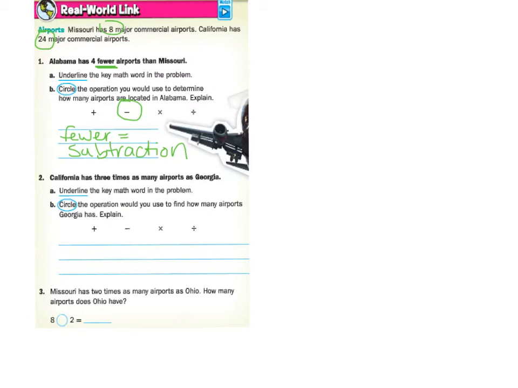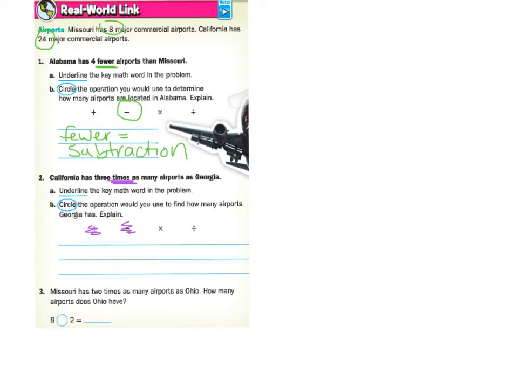Number 2, this question says that California has 3 times as many airports as Georgia. So the key word to underline here for math is times. As many. So what operation would we do? Will we add? No, that one's gone. And we're not subtracting. And then it says times.